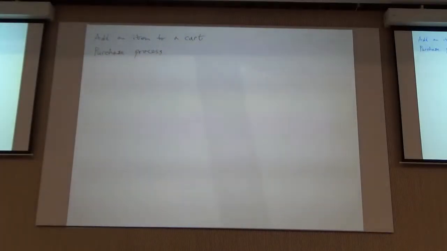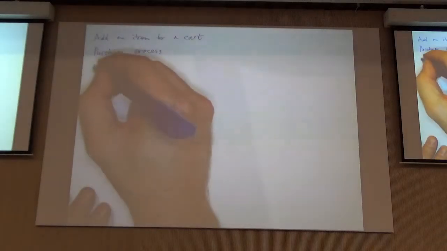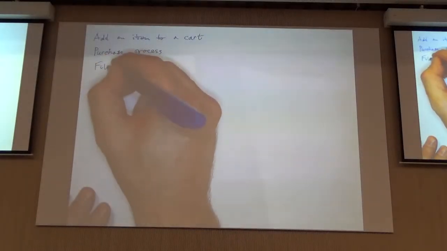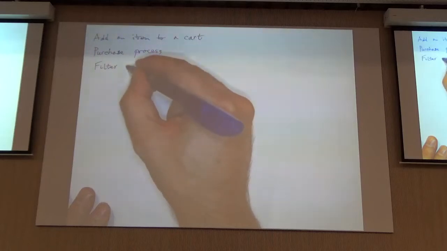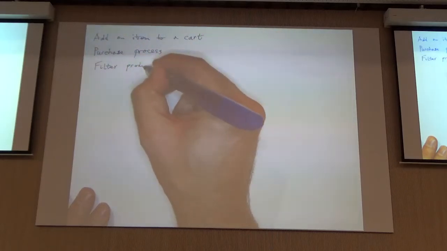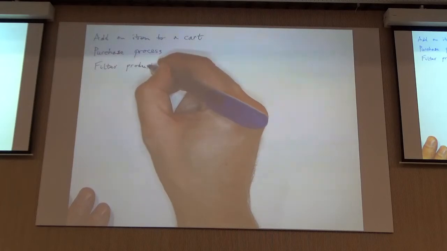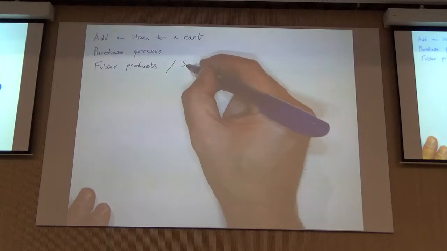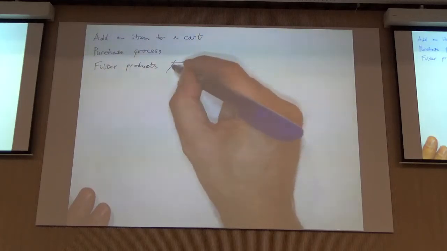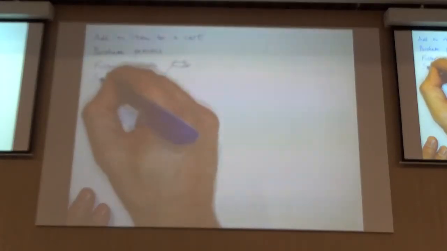Filter some things, categories. Filter products or goods or whatever. Maybe even sorting, but maybe this will be another feature.